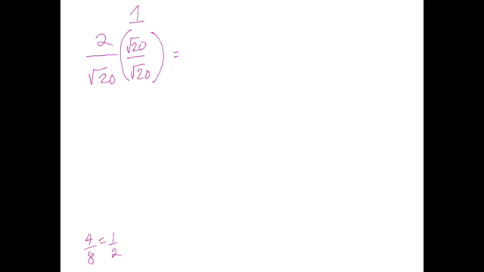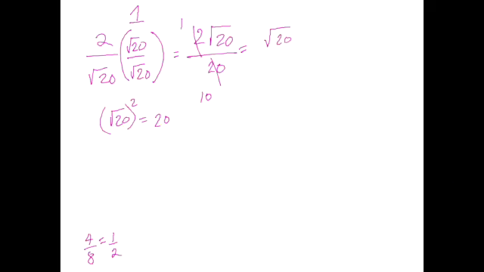So this becomes 2 times the square root of 20 over 20. Again, the square root of 20 times the square root of 20 is equal to 20. So my denominator is 20. Now 2 over 20 reduces very easily to 1 over 10. So the square root of 20 over 10.